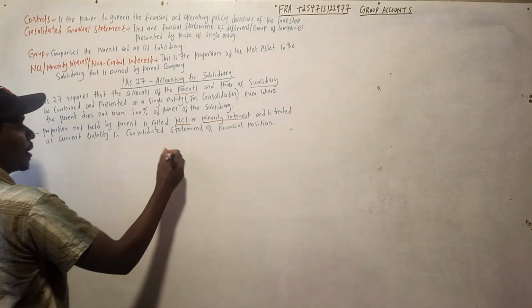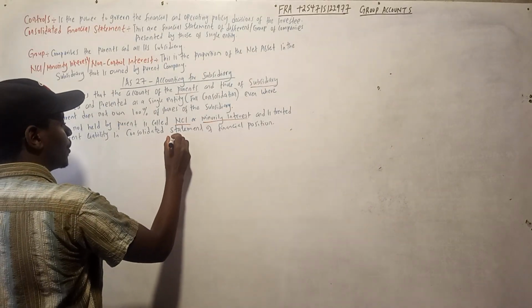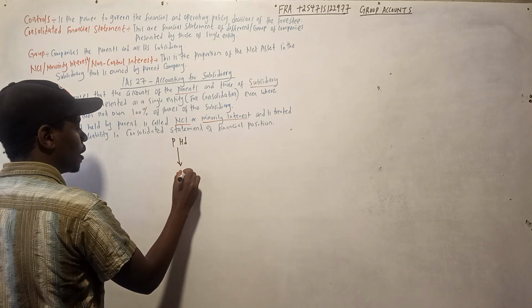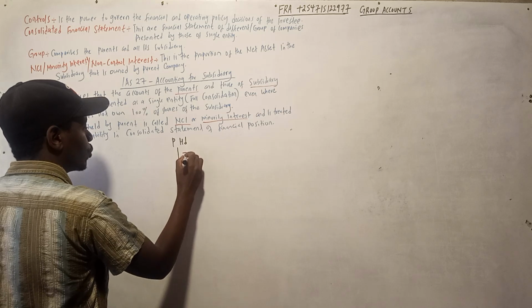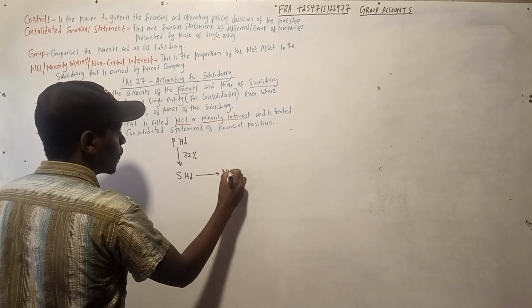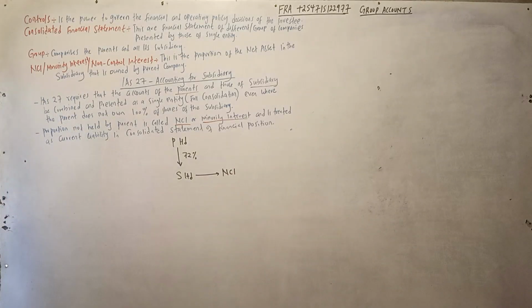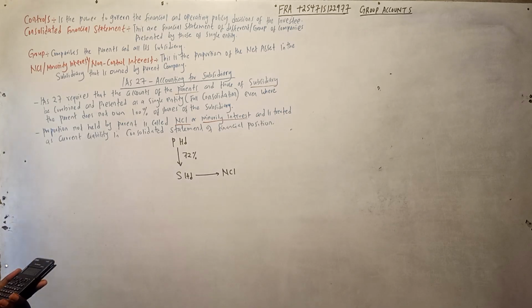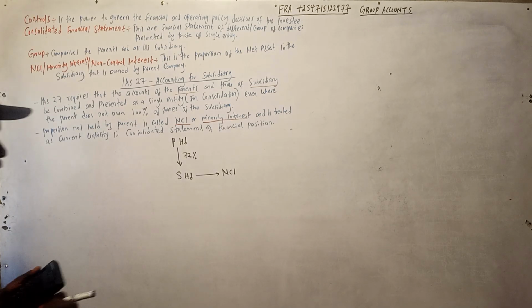Now, let us see. If we have P Ltd controlling S Ltd 72%, then the NCI will be equal to what? The NCI will be equal to the remaining amount. So 100 minus 72, that is 28%.